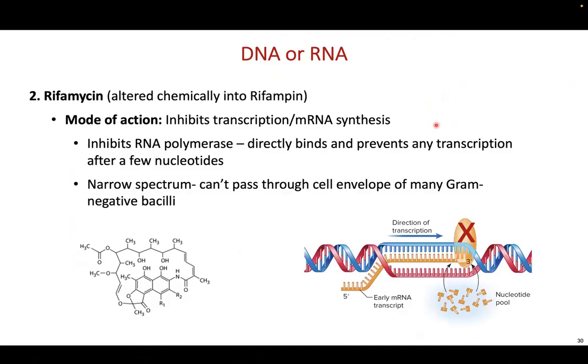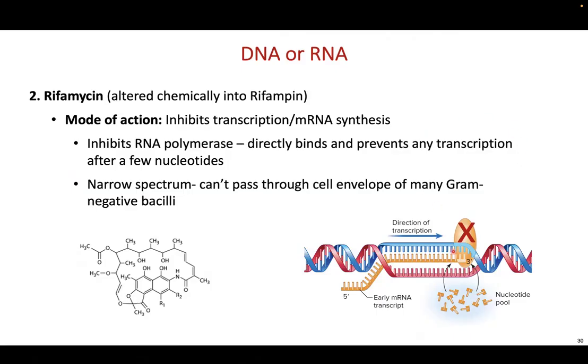And then the second class is rifamycin, which is chemically altered into rifampin. The mode of action is to inhibit transcription and mRNA synthesis. It inhibits RNA polymerase by directly binding, and then it prevents any transcription that may follow.